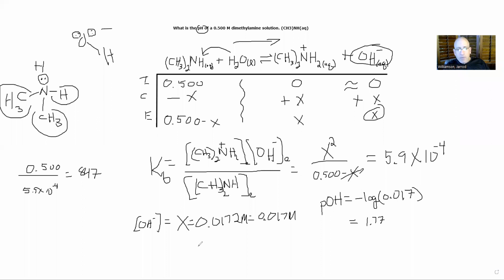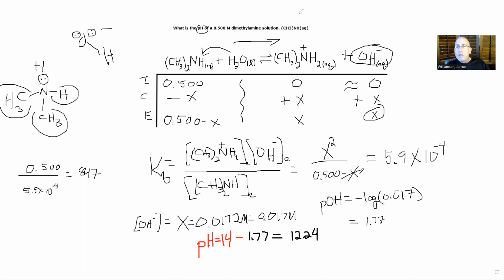And then I want my pH value. The pH will be equal to 14 minus my pOH, 1.77. And when I do that, I get 12.24.